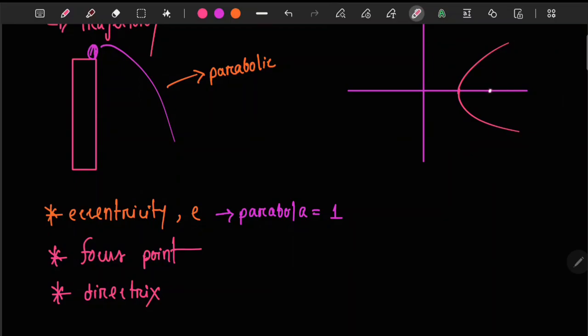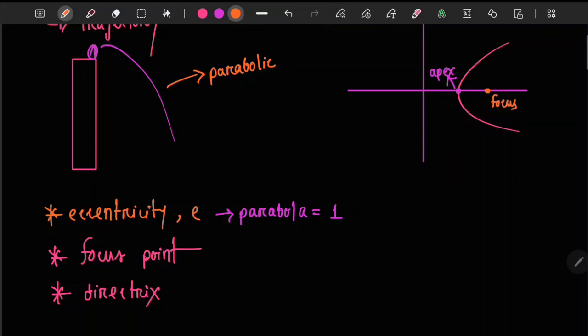This point might be in this place. That is basically giving the proxy of the center. So that's what we call the centroid. So this is the apex, and this is the focus, right?